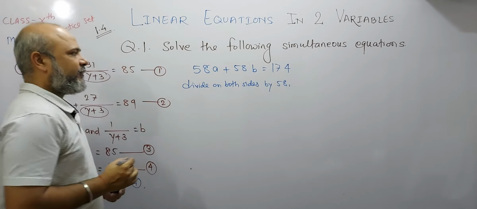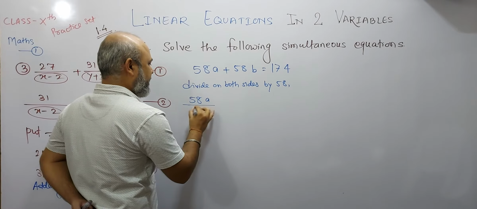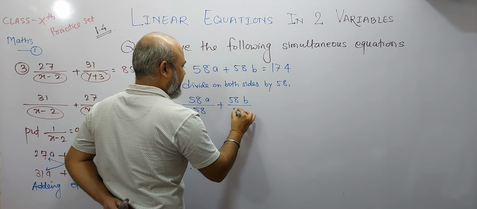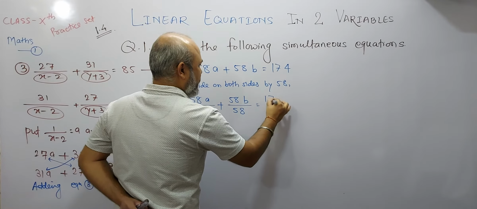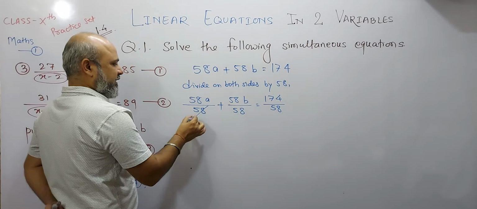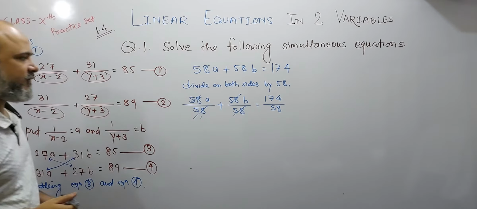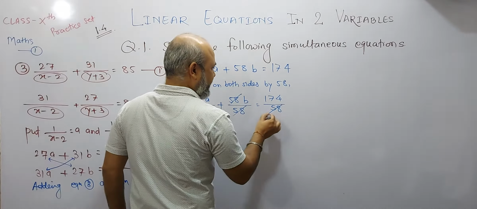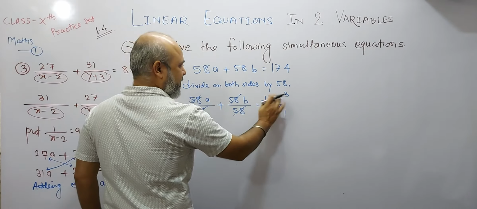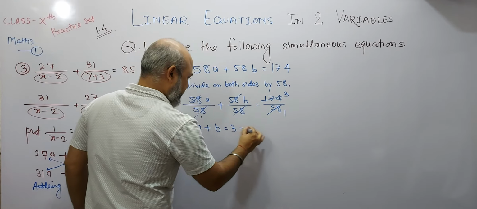So when you divide on both sides by 58, you get 58a divided by 58 plus 58b divided by 58, and this is equal to 174 divided by 58. Now you will cancel out this 58 and this 58. Here you will get 58 threes are 174. So you will get a plus b is equal to 3. This will be equation number 5.